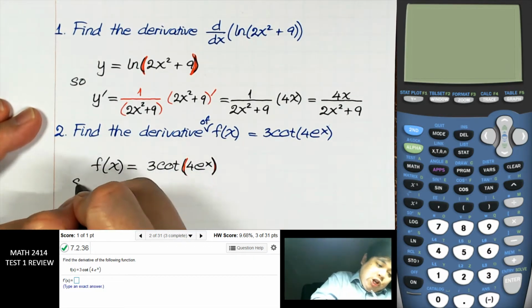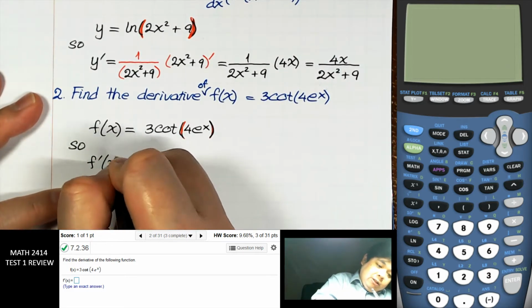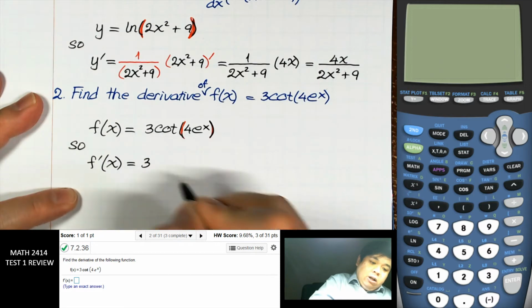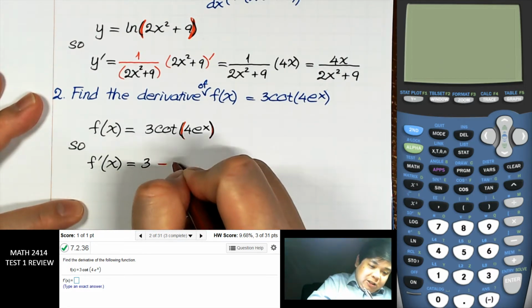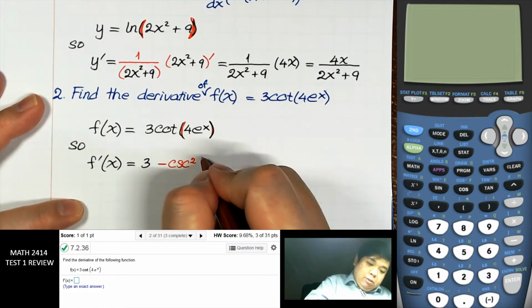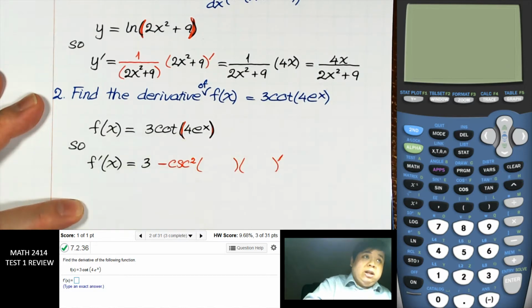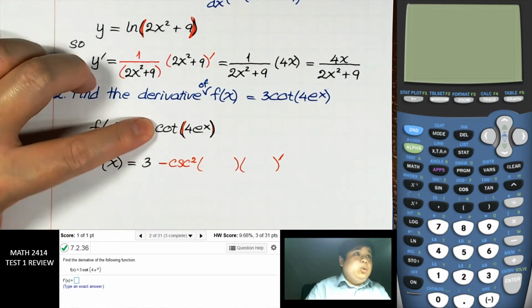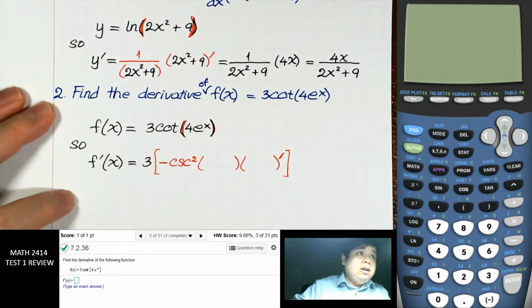using the chain rule, the derivative of cotangent is negative cosecant squared of something, and then the derivative of that something, and then the 3 in front of it. So let's just write like that.